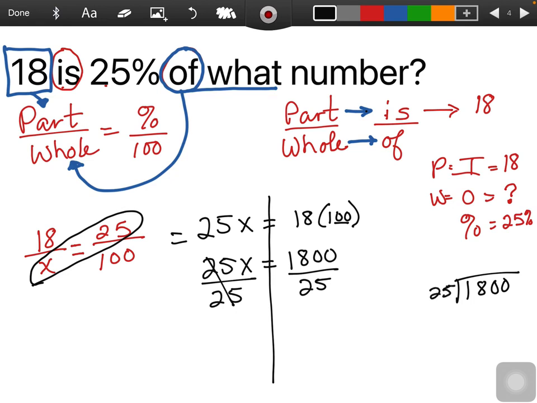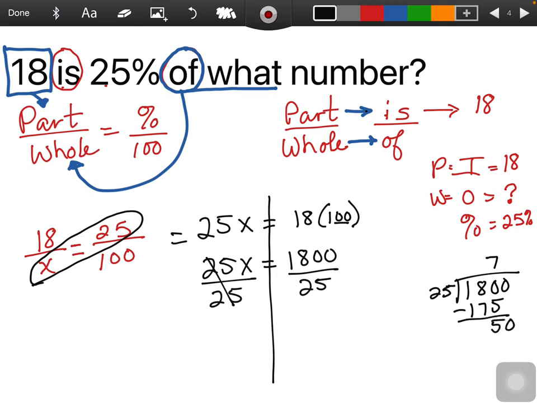Well, I can't go into 1, I can't go into 0, so let's look at 180. If I think of money, if I've got $1.80 and I've got quarters, that means I have 7 quarters, because that gives me 175.